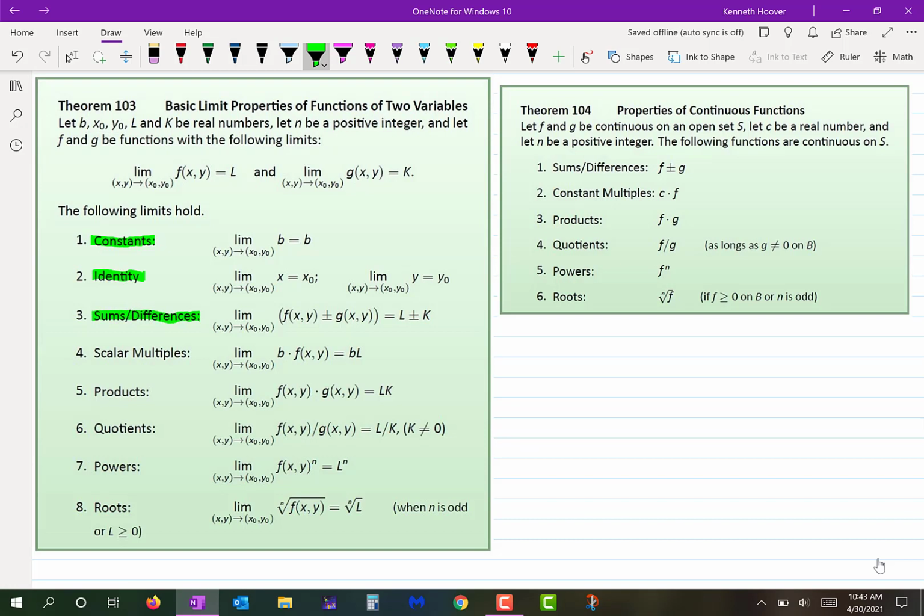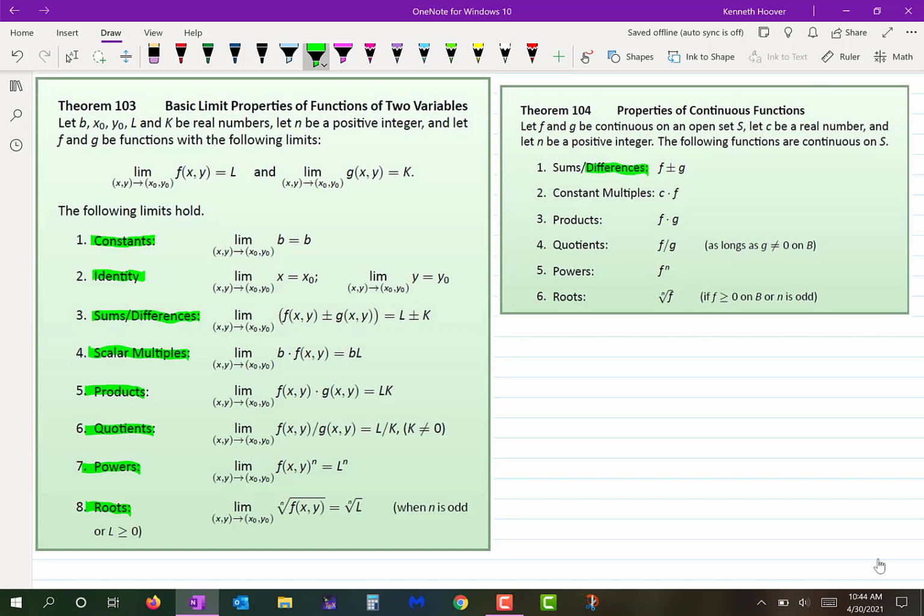We're just talking about limits. Scalar multiples: the limit of a multiple of a function equals the multiple of the limit. Products, quotients, powers, roots, they're all just analogous to the single variable rules. There's nothing new here.